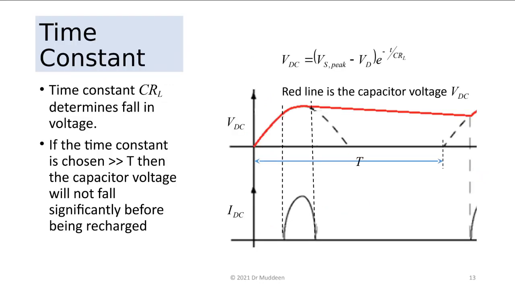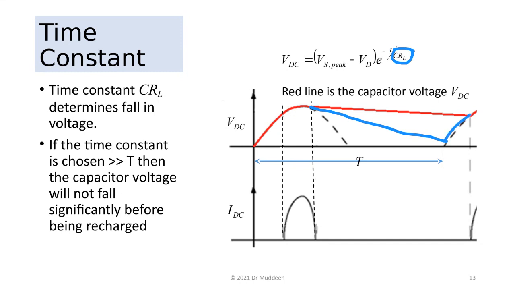Right? And of course, how much this line slopes here depends on the value of that load resistor. So if you draw a lot of current from the capacitor, the time constant of the capacitor, which is its value times the load resistor, if you draw a lot of current from it, then the capacitor voltage is going to drop quite drastically and then have to recharge.